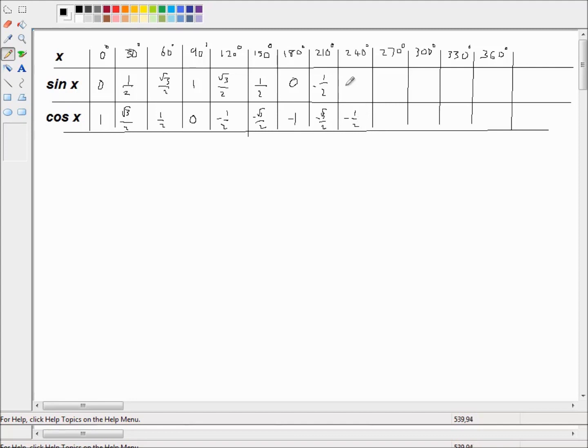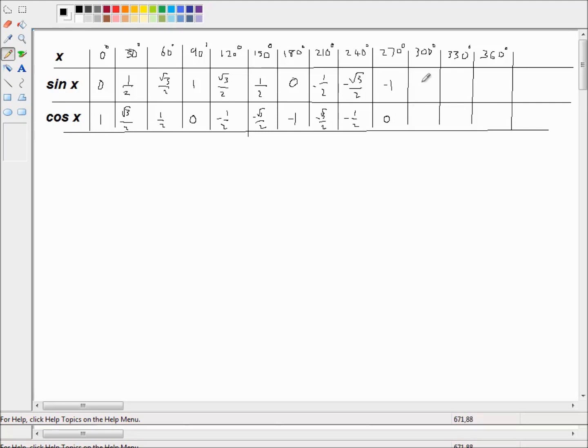And of course the sine here, we've got negative a half for 210 degrees, so we're going to look at negative root 3 over 2 for the 240 degrees. And we can go on following the same pattern. 270 degrees, the sine is going to be negative 1 because it's pointing straight down, and the cosine is going to be 0 because it's in line with the y-axis, with the origin on the x-axis. There's no x component.